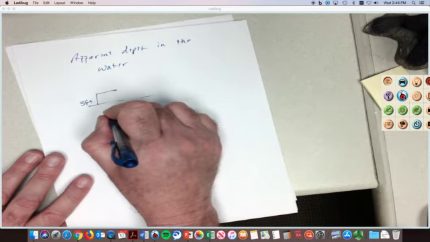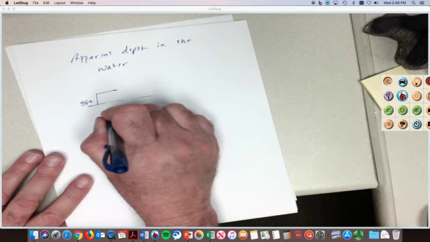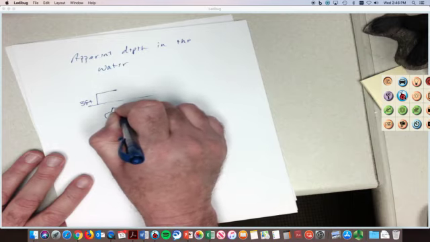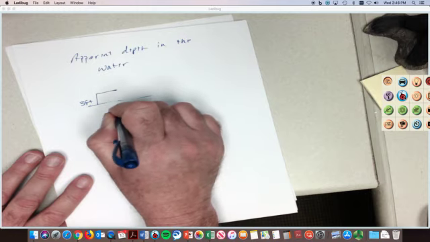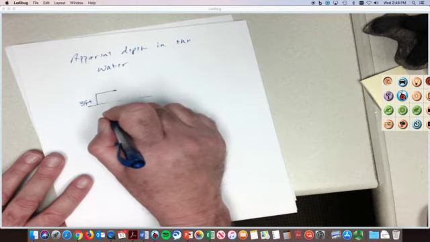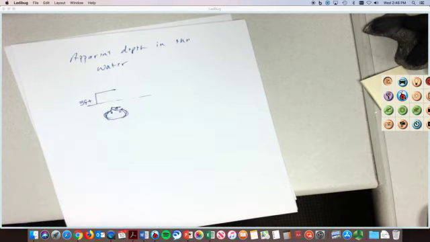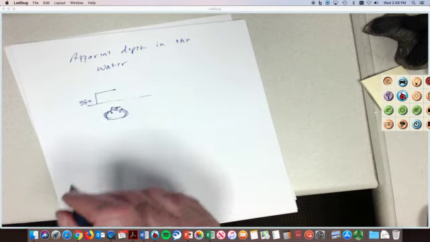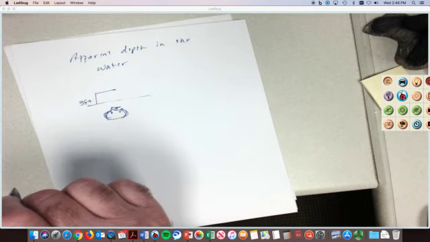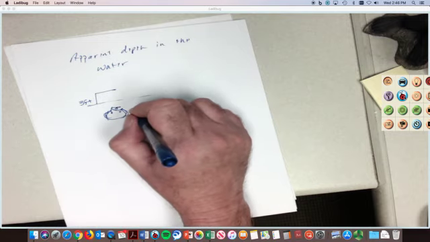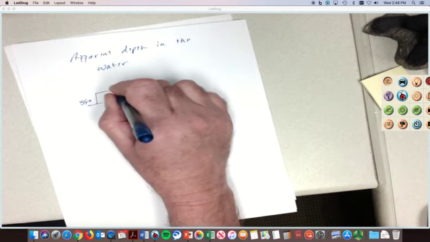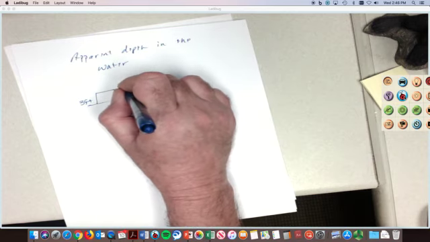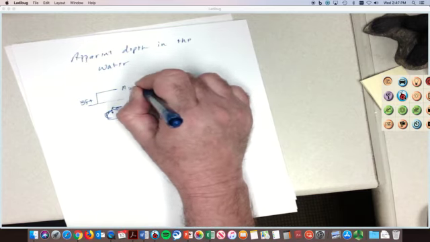If you're down here with your little goggles on, looking up, I drew a little pig in the water. And this is 3 feet, but now you're in N1, which is equal to 1.33, and the small board is N2, which is at 1.00.